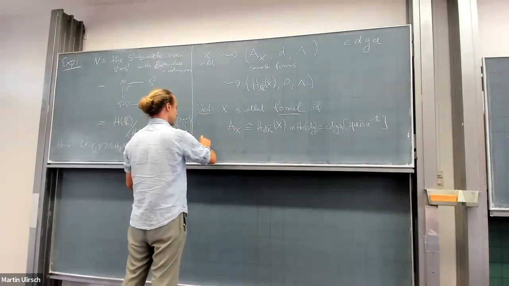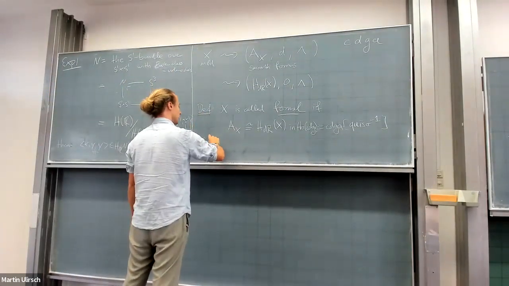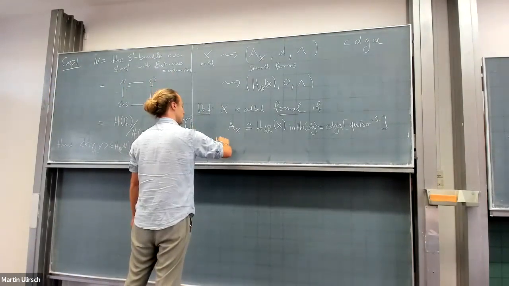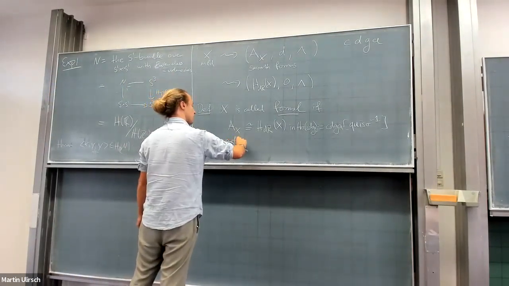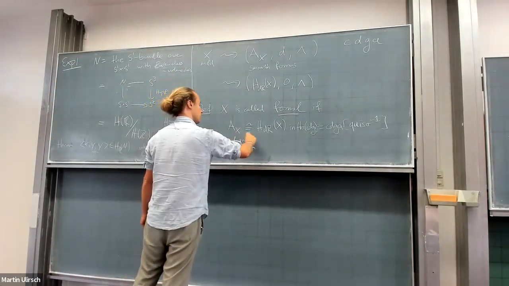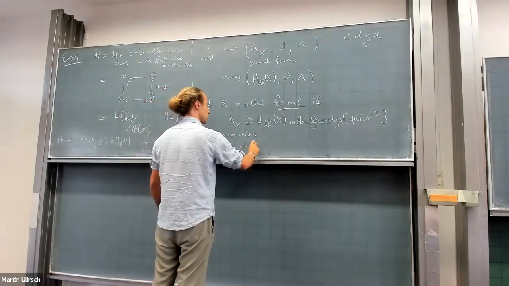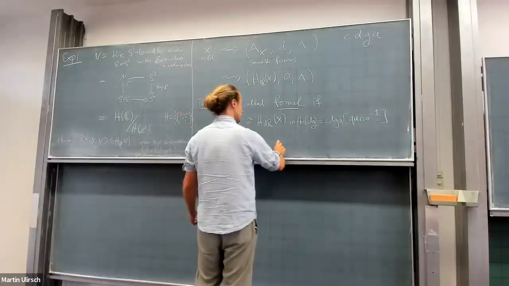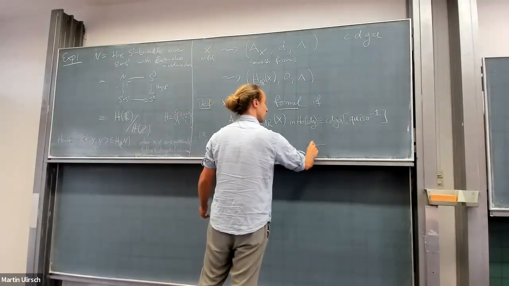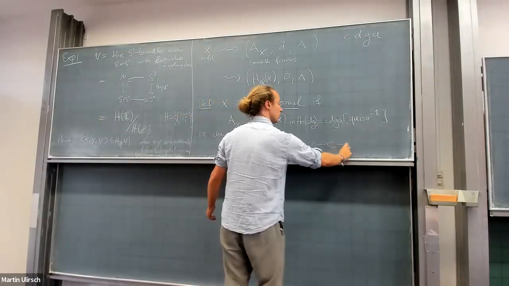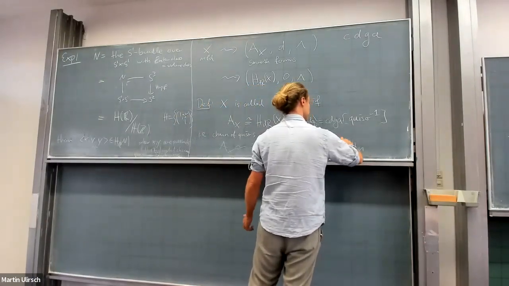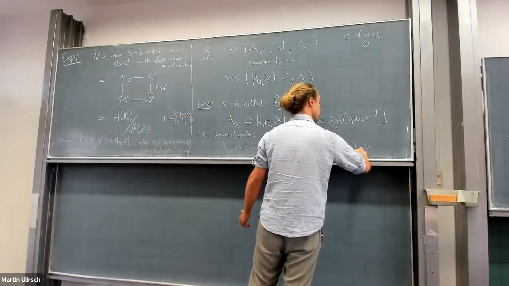Okay, so concretely, there is a chain of quasi-isomorphisms that goes from A_X to some C1, some C2, and then ends up at the cohomology.